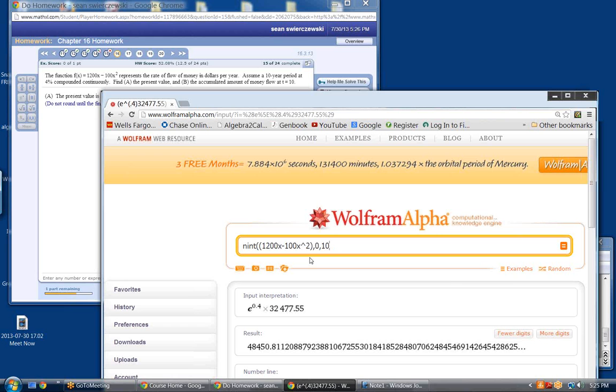Excuse me, that's not right. We've got to multiply that by e to the minus rt. E raised to the minus 0.04 t.